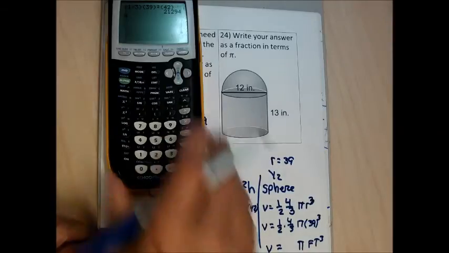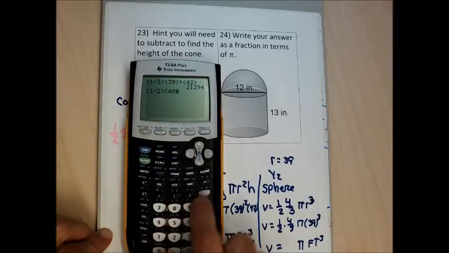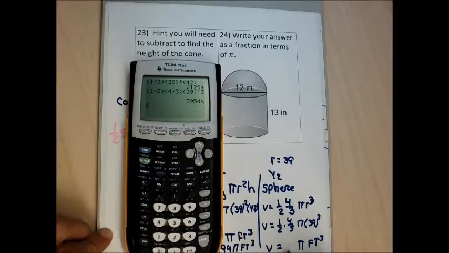The sphere, I'm going to do a half a sphere, so 1/2, and then times 4/3 times 39 cubed. Oh, I get another nice number. Wow. So I get 39,546 pi feet cubed. And now I need to add these together to get the combined volume.